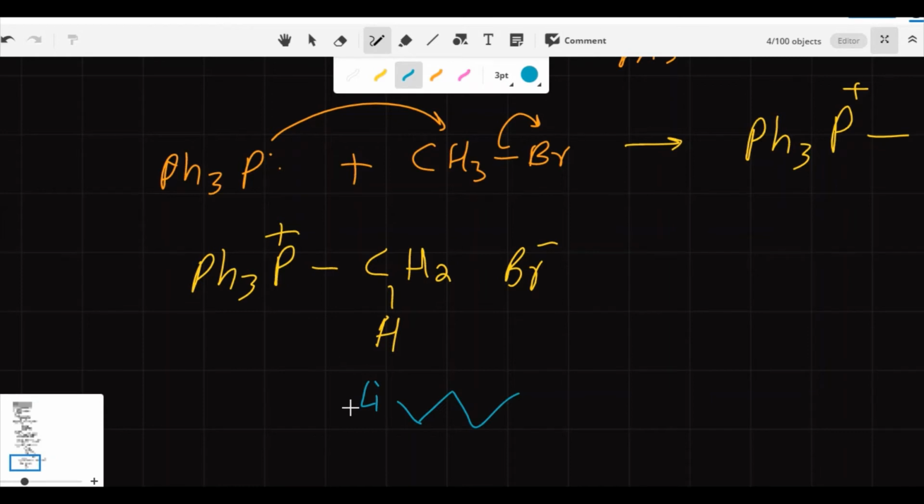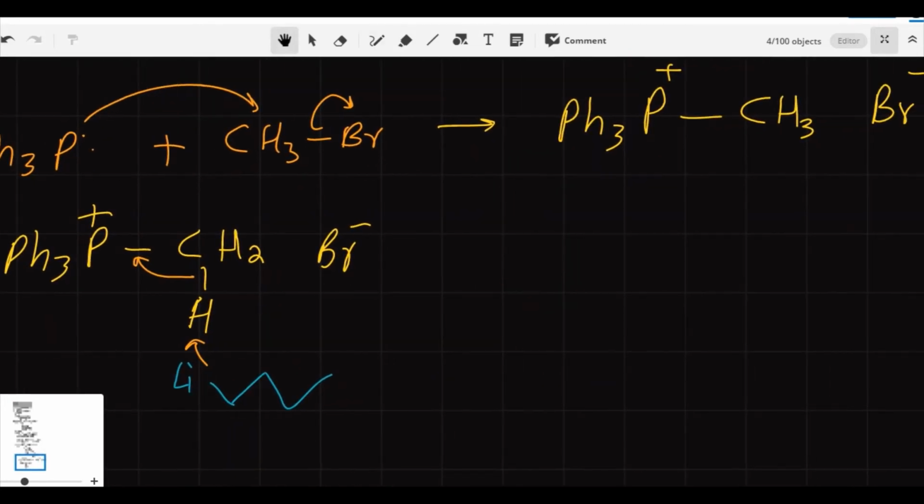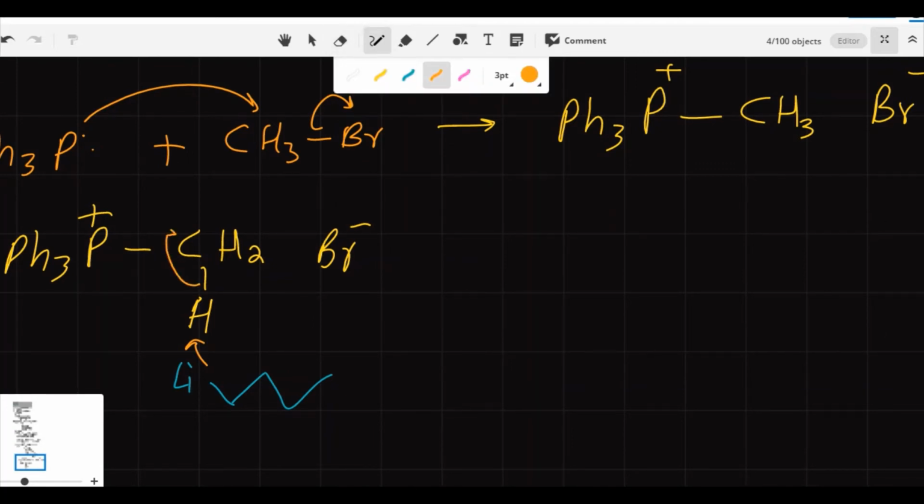So what happened here is that the butyl lithium has the ability to eliminate the hydrogen from here, and the bond will shift, like you can say the bond will shift onto the CH2 group.